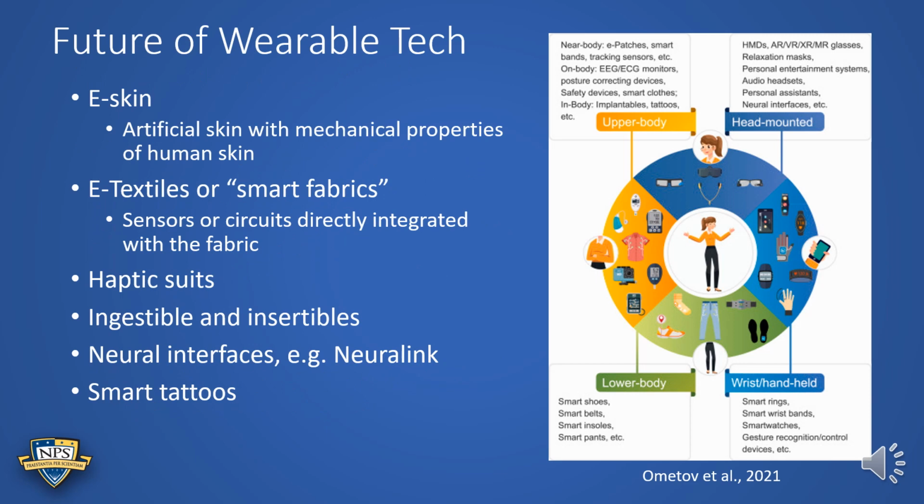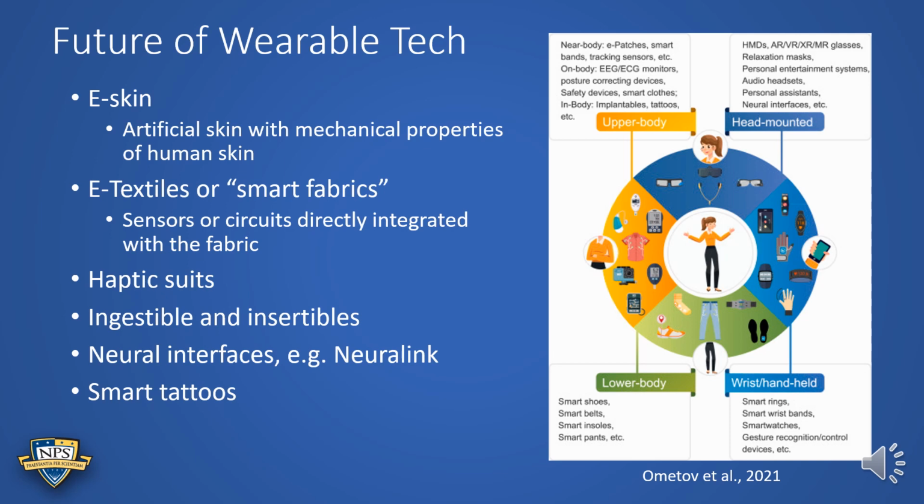So where is the future of wearable technology going? It's clear that wearables are here to stay and will only continue to develop over the course of the next few decades. Some examples of future iterations of wearables are listed here. First is the eSkin, which is artificial skin with mechanical properties of human skin, to provide various sensing functions with the main application area of artificial tactile systems.